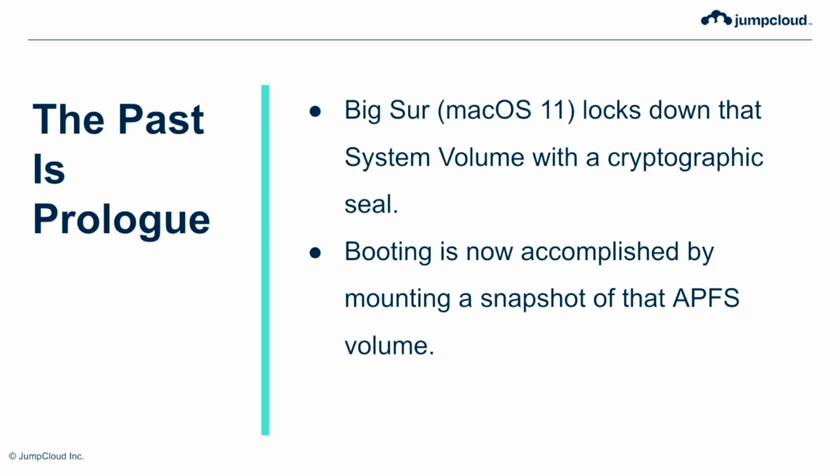Big Sur comes the next year, and it locks down that system volume with a cryptographic seal. What does that mean? It means that on disk, every file has been checksummed and verified with local cryptography. Essentially it's like, look, I'm just going to create all of these hashes for all of these things, and we're going to sign all of those hashes and make sure that they match.